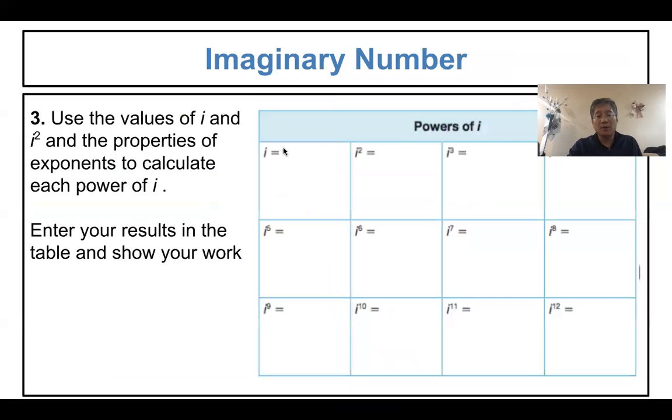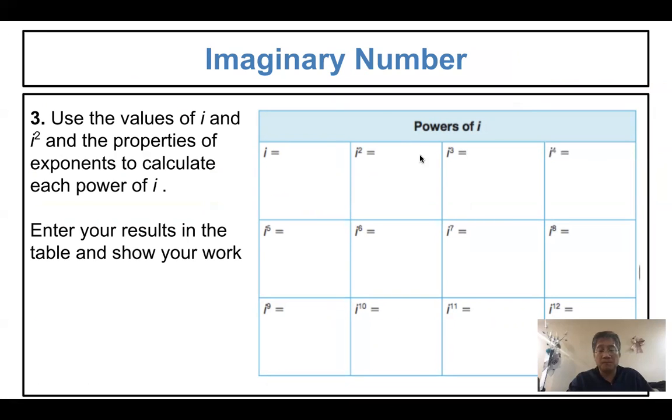And you should know i is i, but i squared, what did you say in the definition? i squared is -1, right? Then based on the exponent, i to the third power is i squared times i. So i squared is negative, so i to the third power is -i.